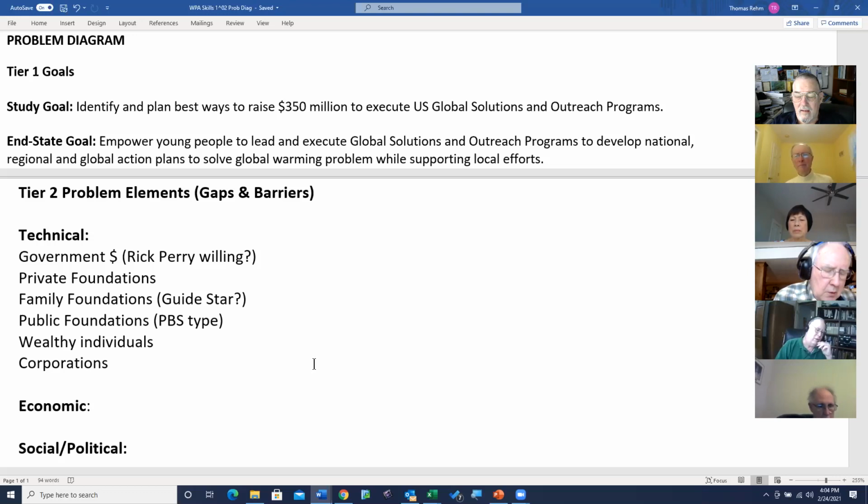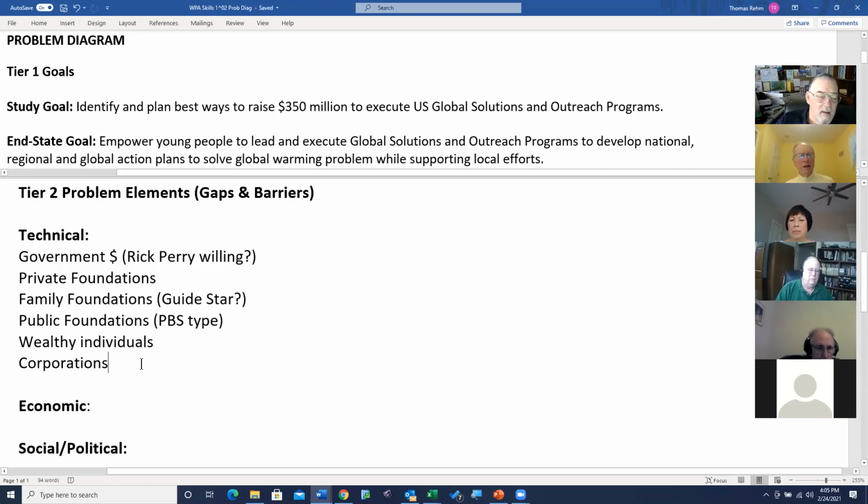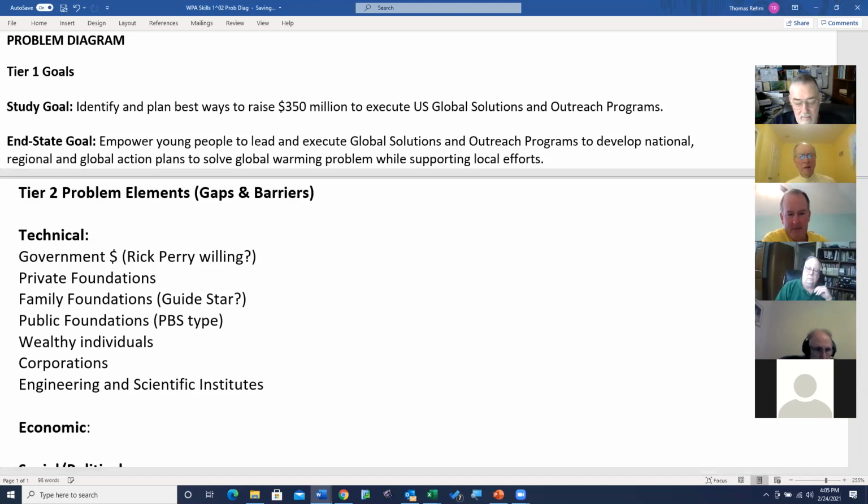How about crowdsourcing, since we're funding? What about a fundraising drive through AIChE, like member donations? Engineering and scientific institutes, yeah. I was going to mention universities also. That might be included there.